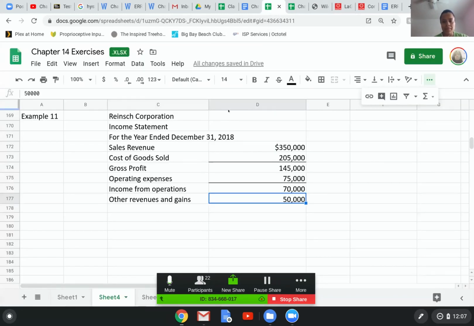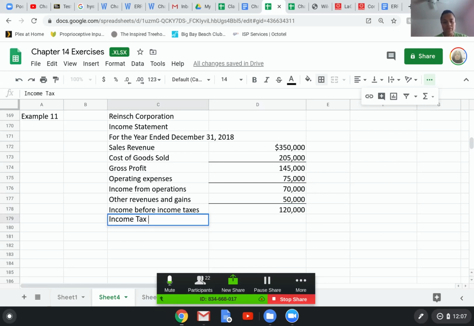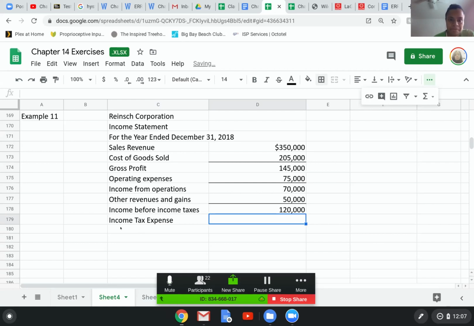So you're going to come now to income before income taxes. And these two numbers are added because it's income plus other revenue. So that's 120. And now we're going to say income tax expense.